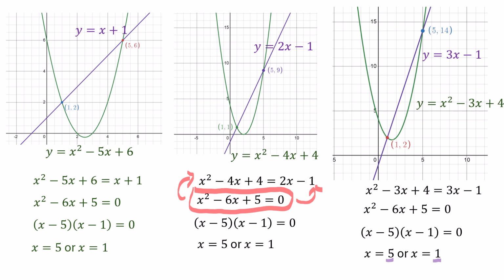I can let it be y equals x squared minus 4x plus 4, and y equals 2x minus 1. I'll end up getting the same quadratic equation.